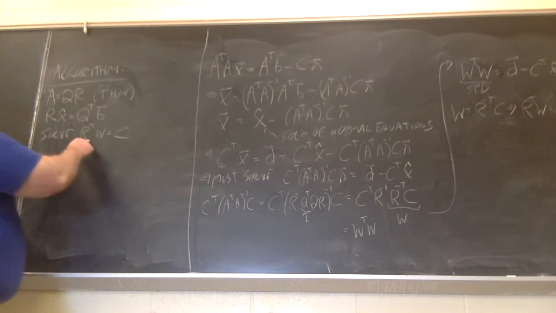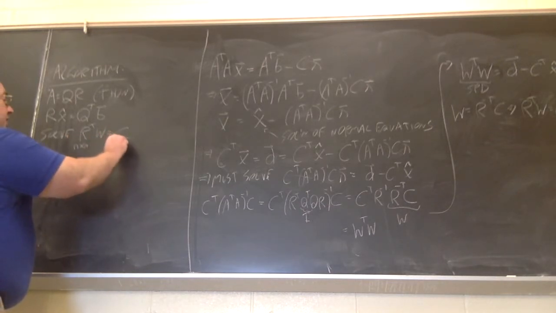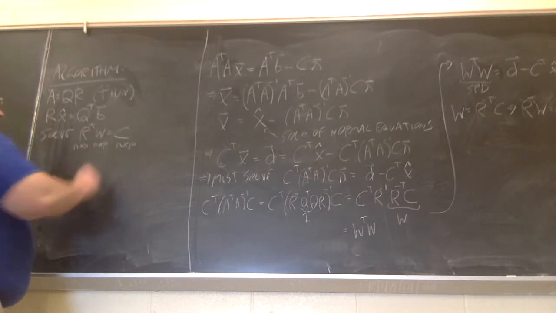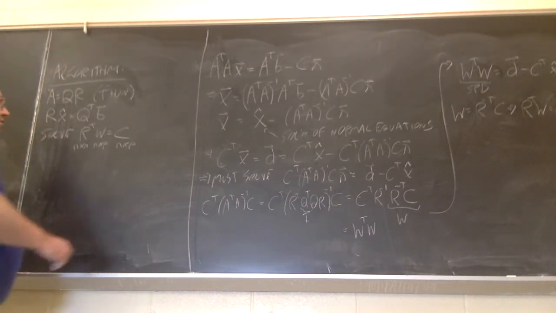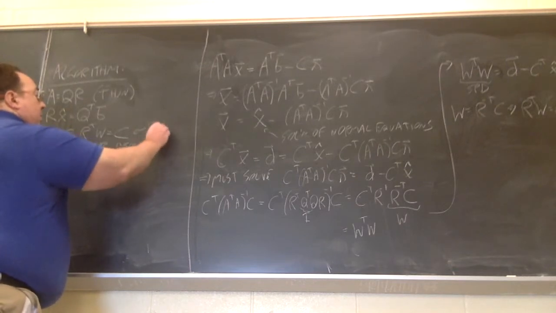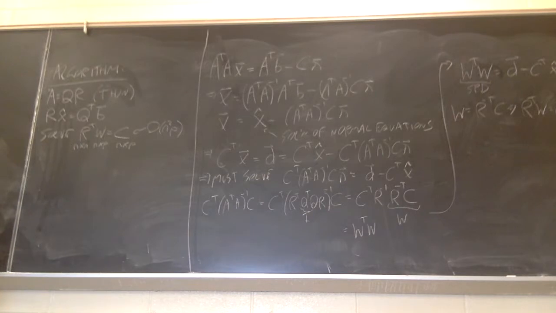Now, R is n by n. C is n by p. W is also n by p. So I'm solving p systems of linear equations using the lower triangular matrix R transpose, so I can use forward substitution. So this step is pretty cheap. The cost is going to be in the order of n squared p for that step.